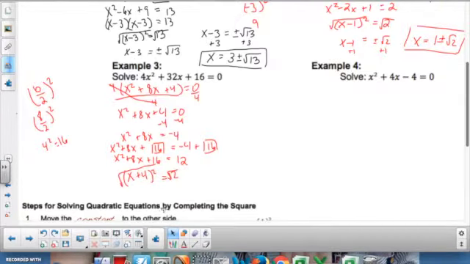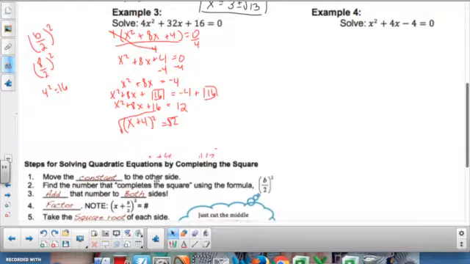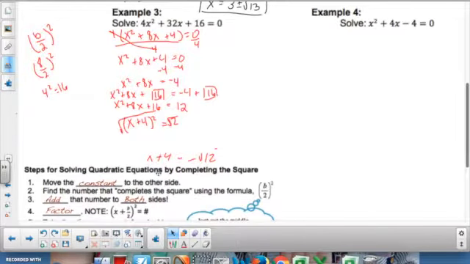And when I take the square root of this, what I'm left with is x plus 4 is equal to plus or minus the square root of 12.